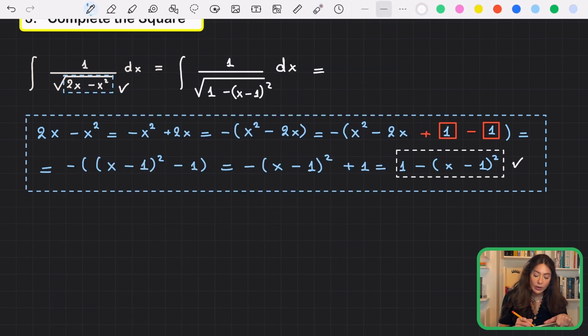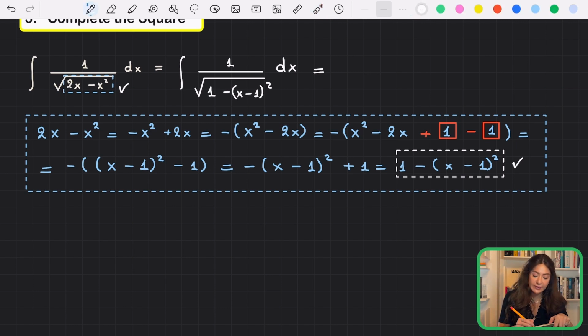So if you're worried that this does not equal to x, there's some expression x minus 1, well, think of derivative of x minus 1. It's just 1, right? Because derivative of x is 1, and derivative of negative 1, or any number, constant, is 0, because derivative merges numbers.